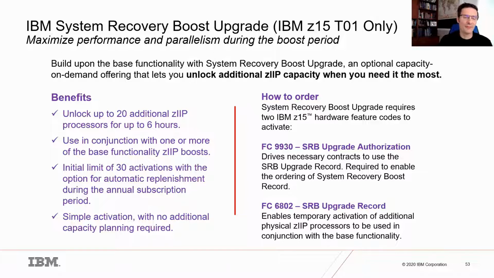Just one note about this: a lot of folks say, oh, okay, I'm going to enable some zIIP engines, and this applies to both the upgrade and the non-upgrade flavor of System Recovery Boost. They say, okay, I have additional engines now to process, so I'm going to get that entire engine, right? Well, the answer is not necessarily.